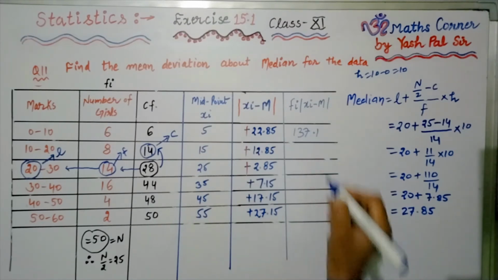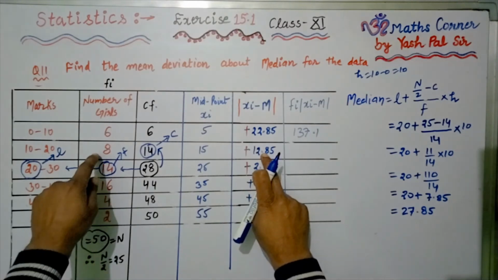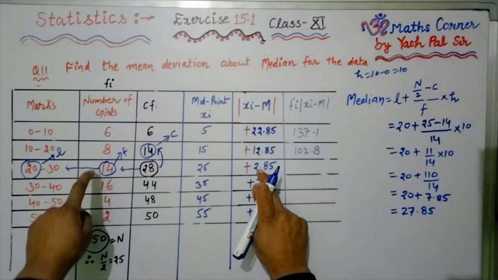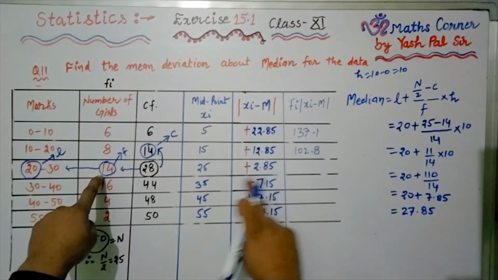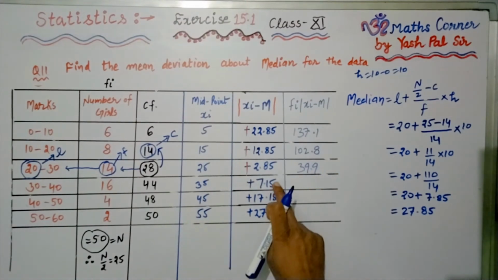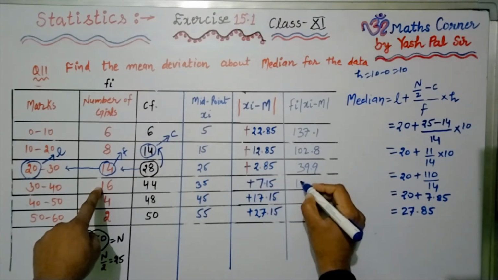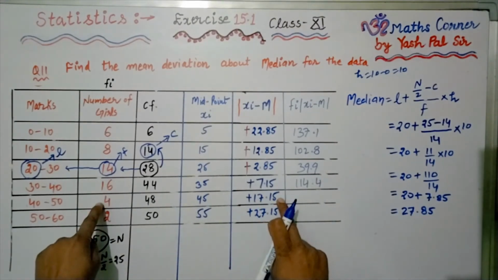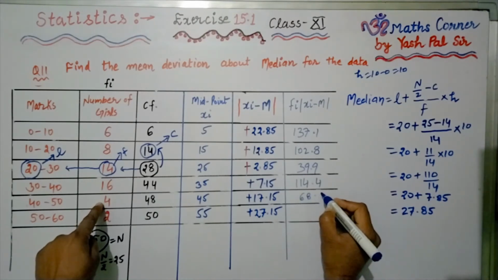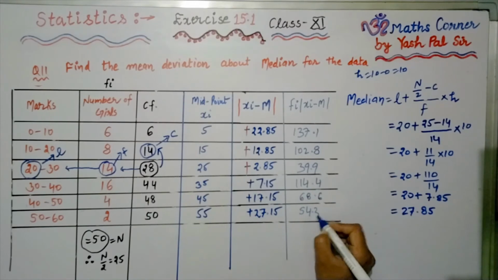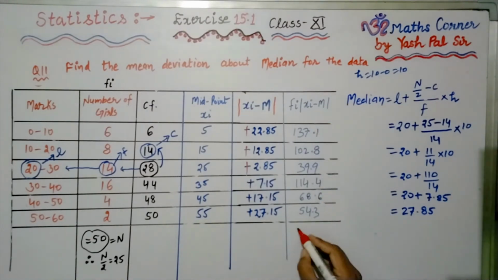This is fi. 6 into 22.85 is 137.1. 12.85 into 8 is 102.8. 2.85 into 14 is 39.9. 7.15 into 16 is 114.4. 17.15 into 4 is 68.6. 27.15 into 2 is 54.3.